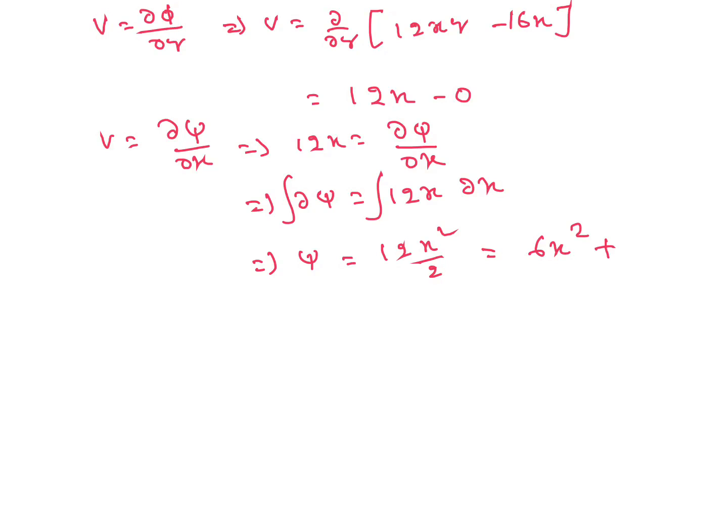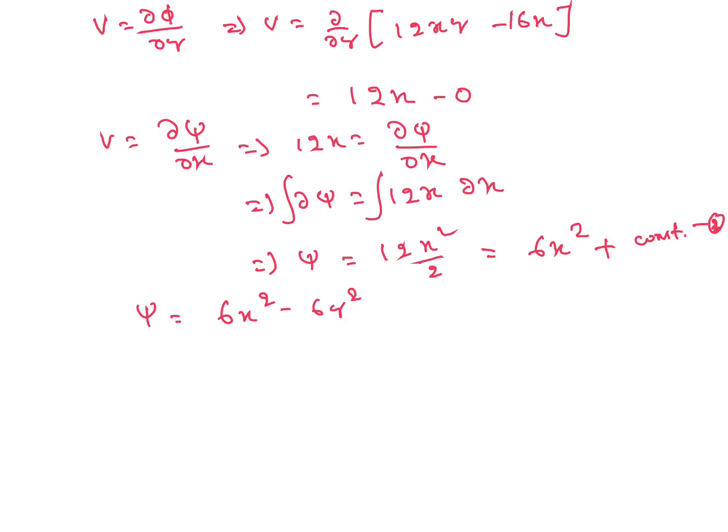From equation 1 and 2 we will get stream function psi equal to 6x square minus 6y square plus 16y.